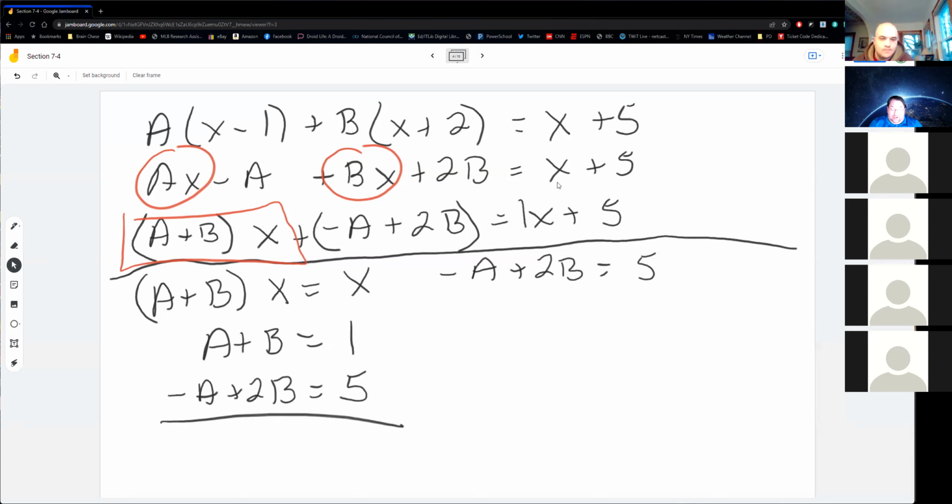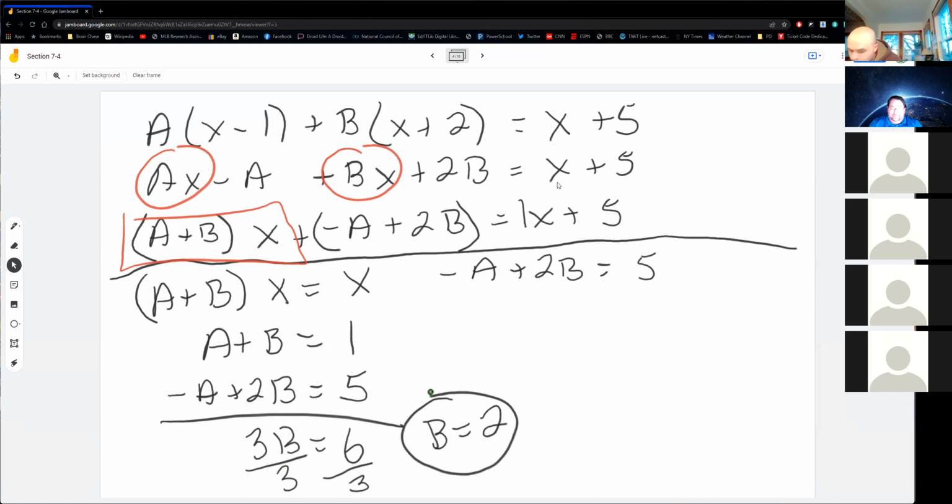So A minus A is gone. So I have 3B equals 6. So B equals 2. Now that B equals 2, I can now figure out A. So if A plus 2 equals 1, A has to be negative 1. And there's my A.